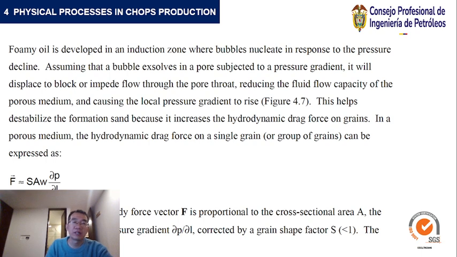Foaming oil is developed in an induction zone where bubbles nucleate in response to the pressure decline. Assuming that a bubble exsolves in a pore subject to a pressure gradient, it will displace to block or impede flow through the pore throat, reducing the fluid flow capacity of the porous medium and causing the local pressure gradient to rise.